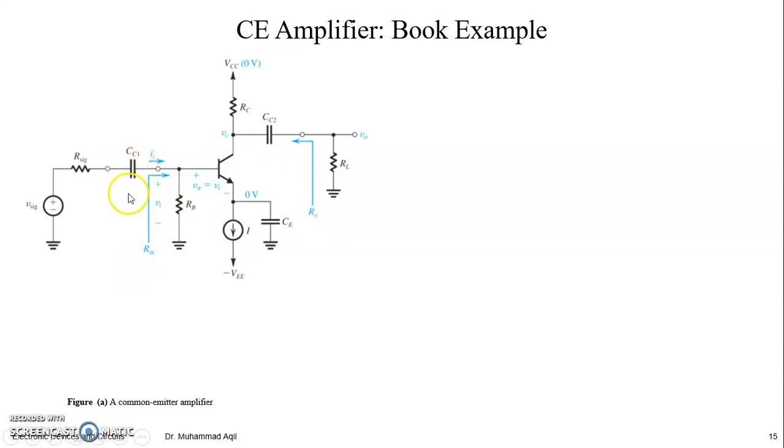He showed you the VCC so that you could have a vision of DC biasing, but for AC it would appear as zero. This one also, and if you have RE, then it will be bypassed, or you don't have an RE. If you don't have an RE, that's why we write common emitter amplifier only, right? So all other things are the same.